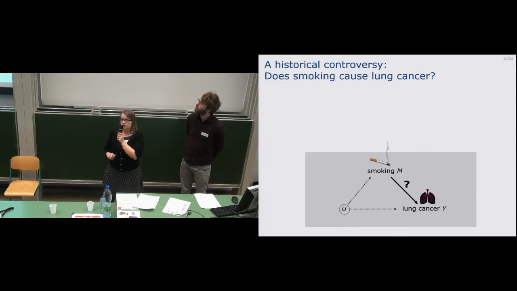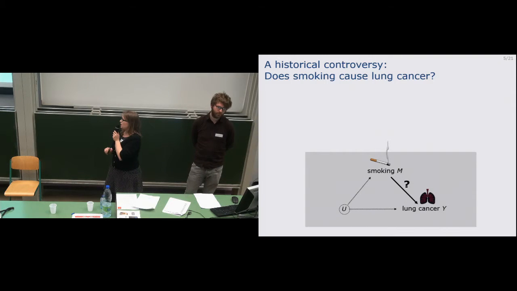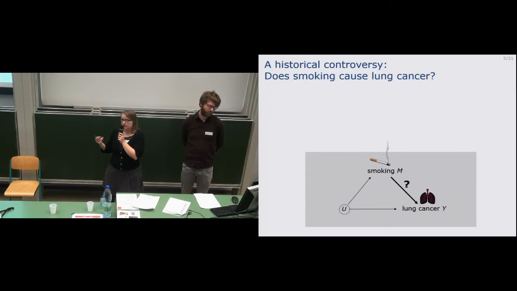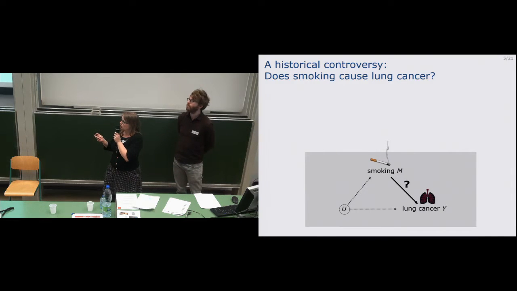Because smokers and non-smokers are very different, not only in their smoking behavior, but also in many other aspects. For instance, factory workers in that time were more likely to smoke, and they were also more likely to develop lung cancer because of asbestos exposure. Such common causes may distort the relationship between smoking and lung cancer.